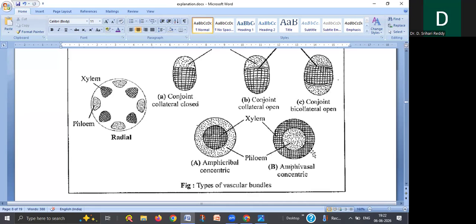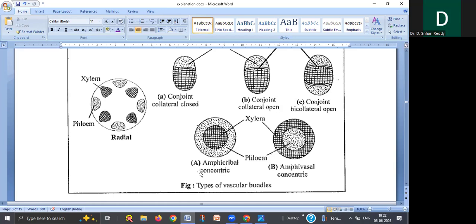There we can find a different kind of vascular bundle called amphivasal concentric vascular bundles. That means phloem is located at the center, surrounded by the xylem. There we see anomalous secondary growth that you already studied in your second year. Anomalous secondary growth is observed in Dracaena and Yucca.